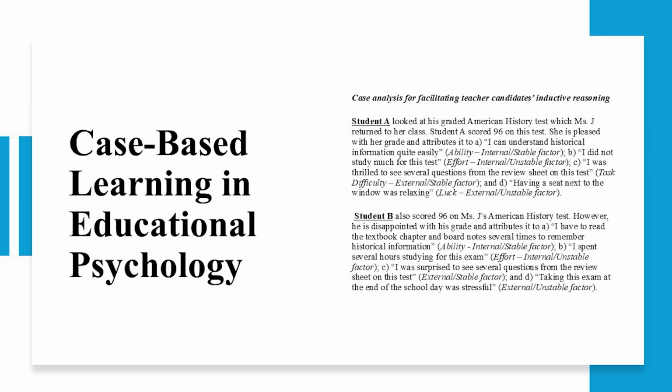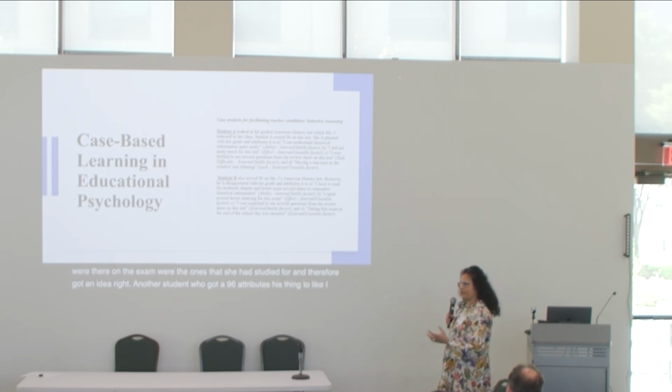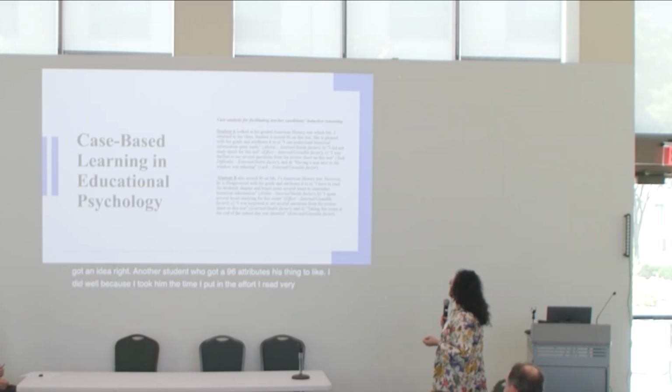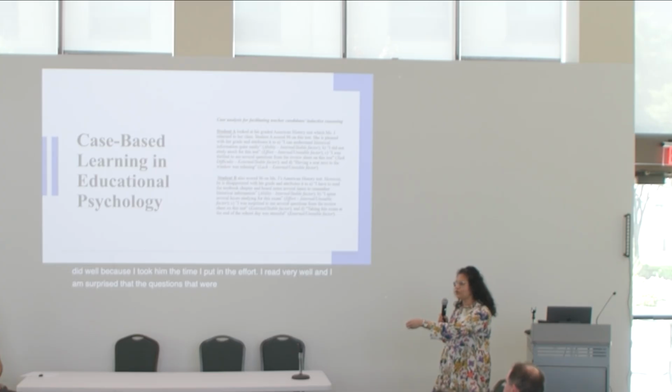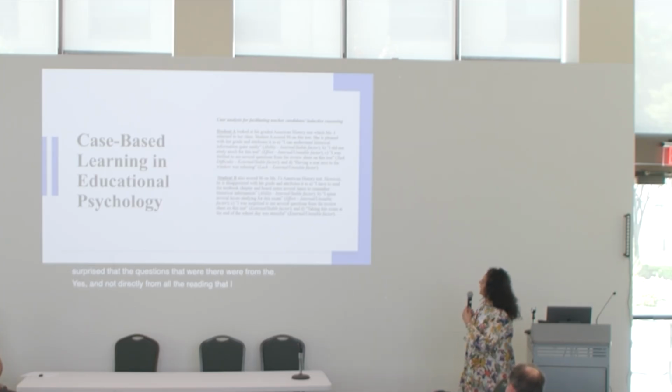Another student who got a 96 attributes it to, I did well because I put in the time, I put in the effort, I read very well, and I am surprised that the questions were from the review test and not directly from all the reading that I did, okay? And that next time I take the test, I'll have to think differently.